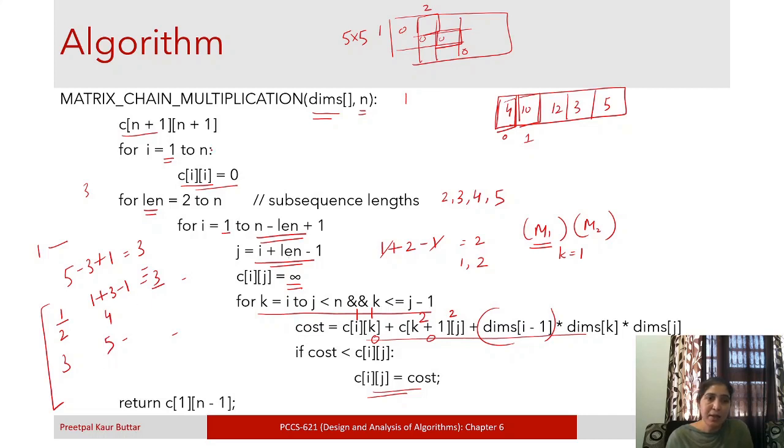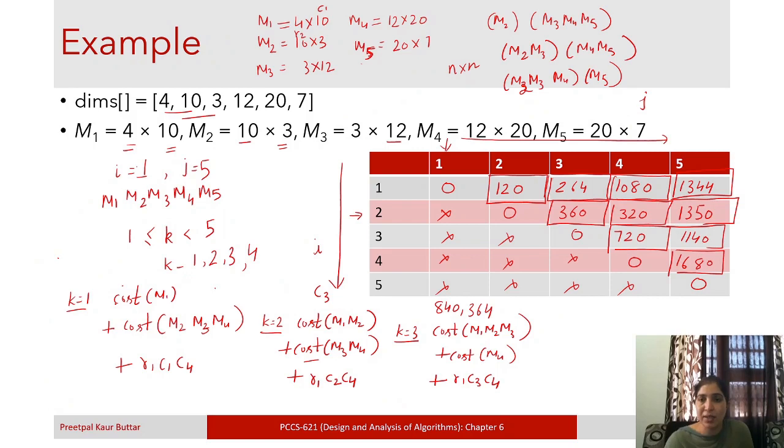Then after this iteration, length will become 4. It means you are including 4 matrices. Then i will vary from 1 up to 5 minus 4 plus 1, so i will run 2 times, 1 and 2. When i is 1, j will be i plus length minus 1, giving 1 comma 4 and 2 comma 5, which you can see here.